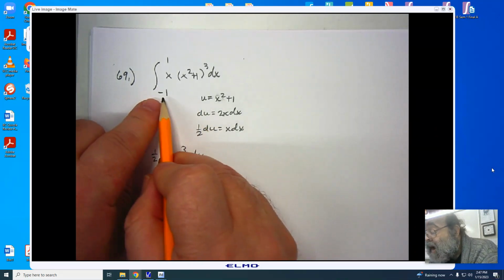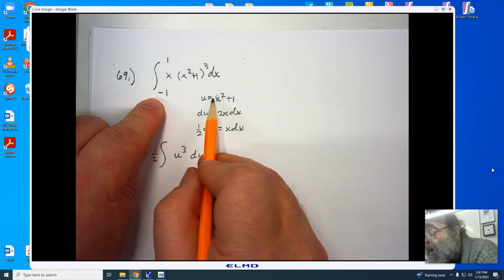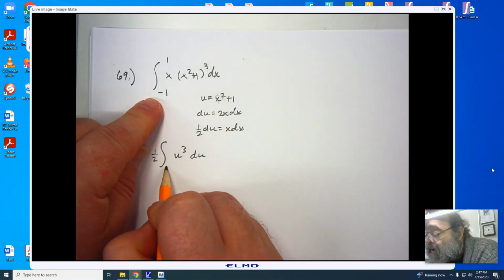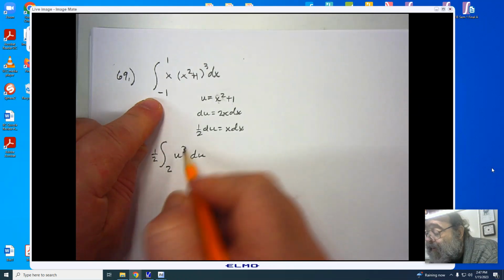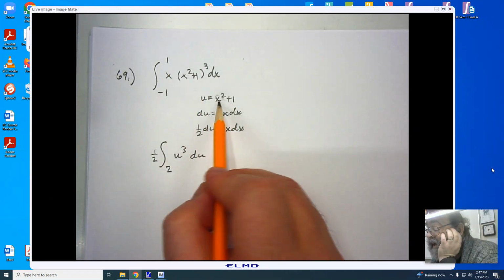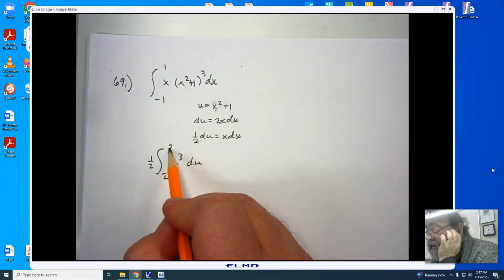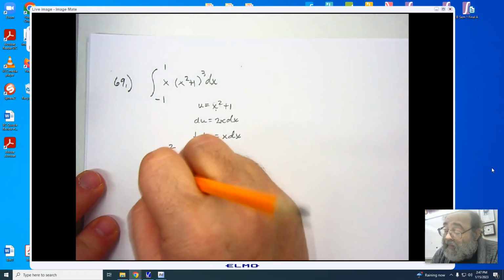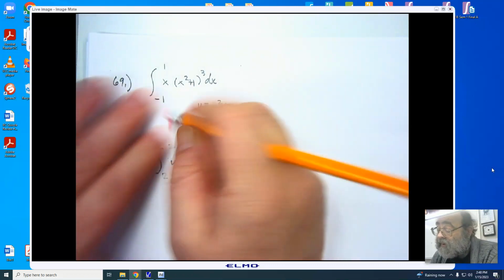That means that where I had x equaling -1, it's now -1 squared plus 1, which is 2. And then, oh my goodness me, if I put this in and I make it a 2, it's 2 to 2. Well, that very well may mean that this is 0. So instead of doing this, I'm going to have to back substitute. All right?